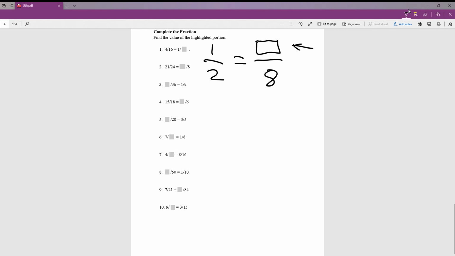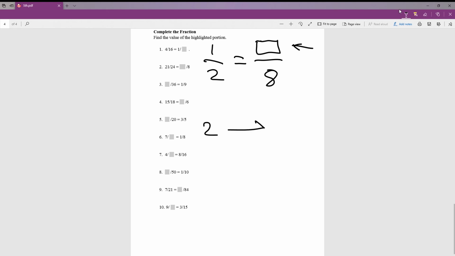Now the way you would solve this is by looking at the two numbers that you do have that are tied to each other, right? So look at the denominators if you have both denominators, or look at the numerators if you have both numerators. Here we have both denominators, so we're going to be looking at 2 and 8. You will take 2 and ask yourself, how does 2 become 8, right?